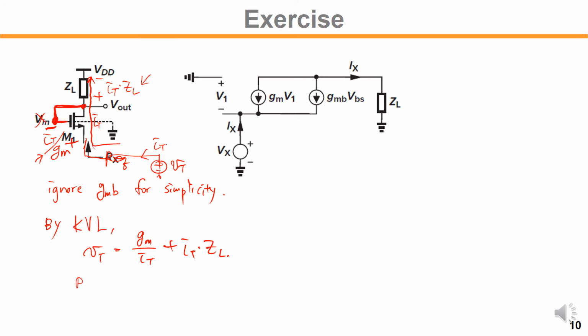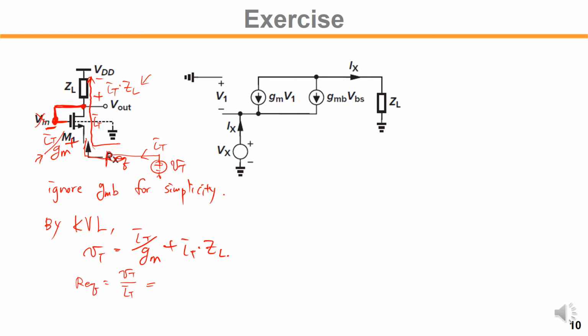So our equivalent resistance is what? VT over IT. Oh, sorry, this part is IT over GM.